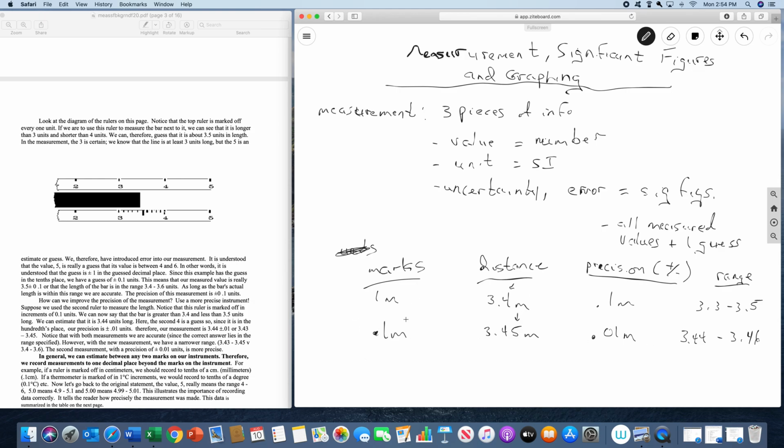So what's important to realize is that we always record one decimal place beyond the marks. If it was marked off in ones, we recorded to tenths. It was marked off in tenths, we recorded to hundredths. And then we guess between the marks.